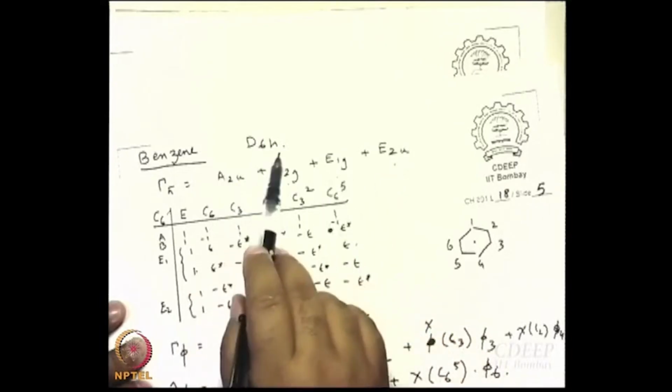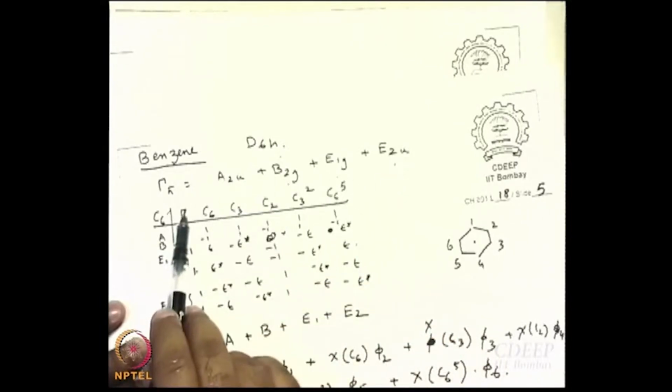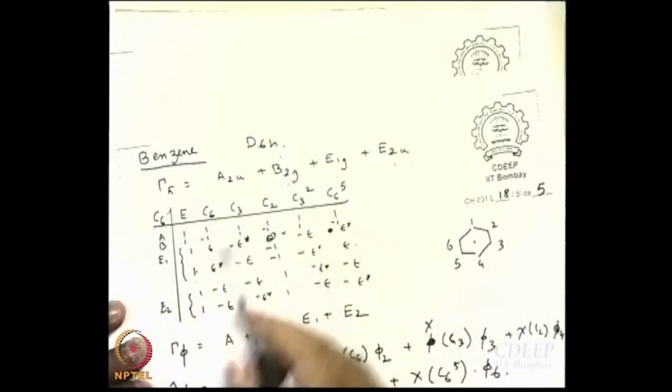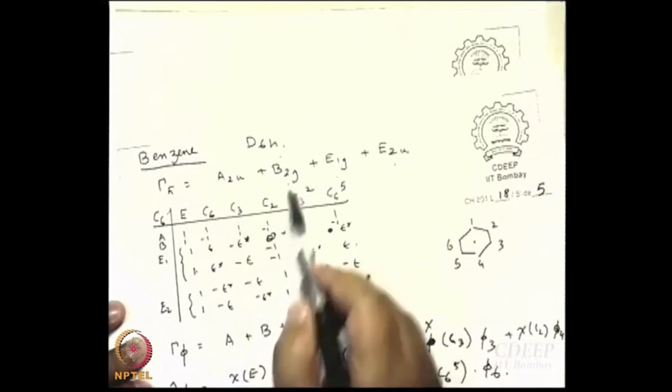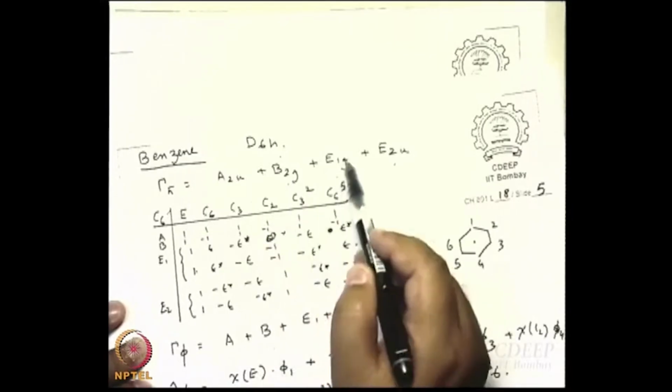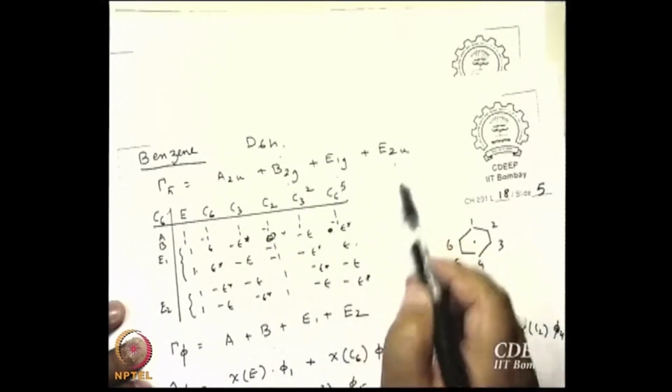Then we went from D6H to C6. Then we said that by that correlation diagram, A2U becomes A, B2G becomes B, E1G becomes E1, E2U becomes E2, right? Now jumping steps here, but you can work out the correlation diagram yourself.